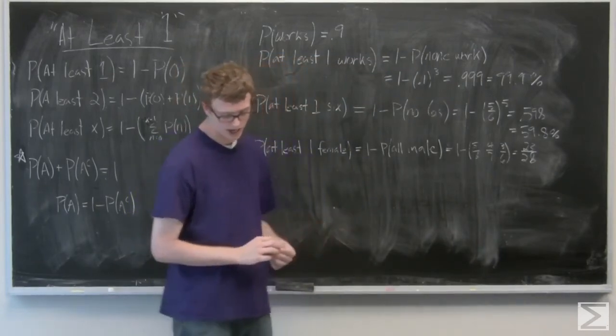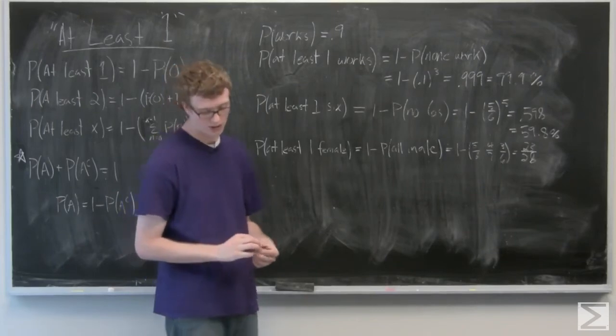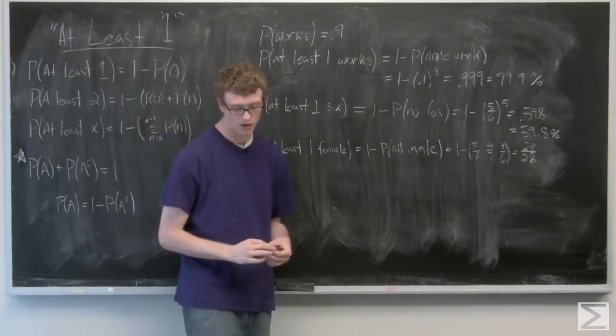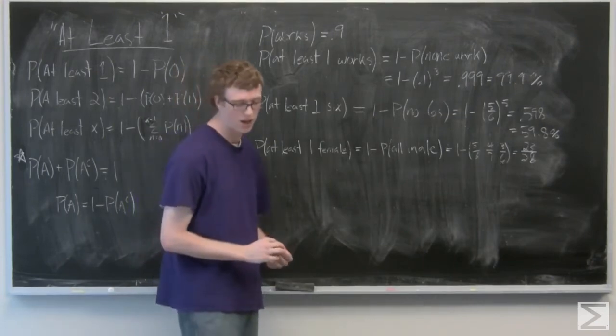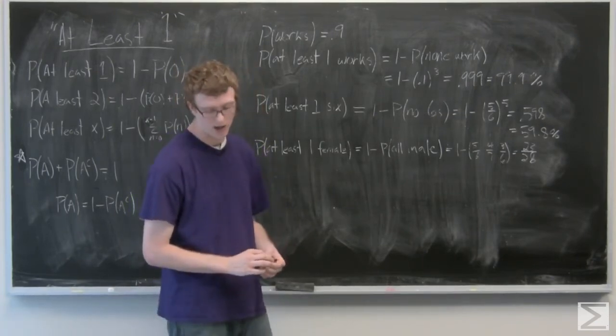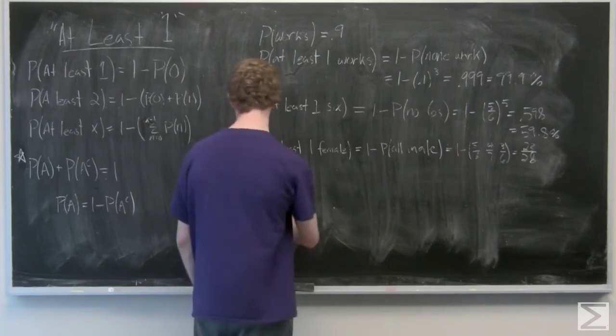And the last one we're going to look at, a teacher gives a pop quiz with 4 questions that are true or false, and we have a student who has no idea what they're doing, so they guess at each, and we're going to find the probability that they get at least 1 wrong.